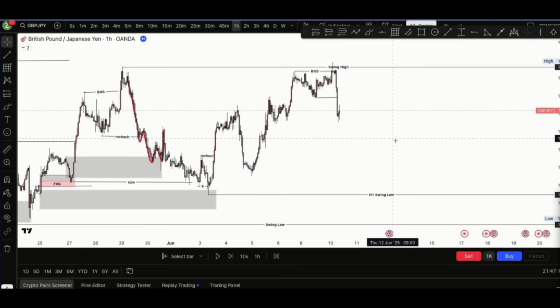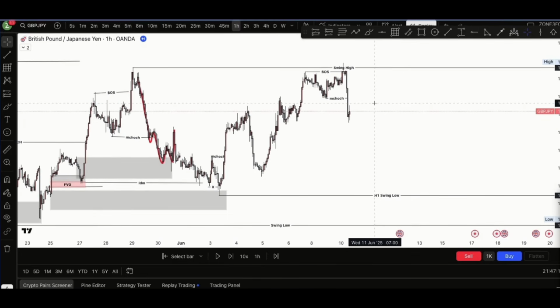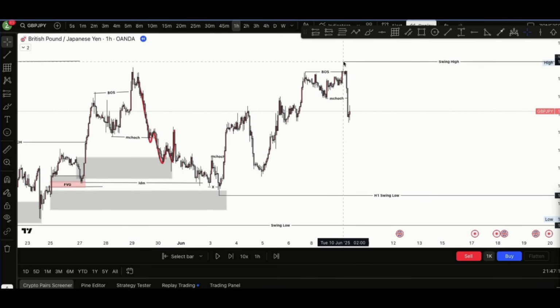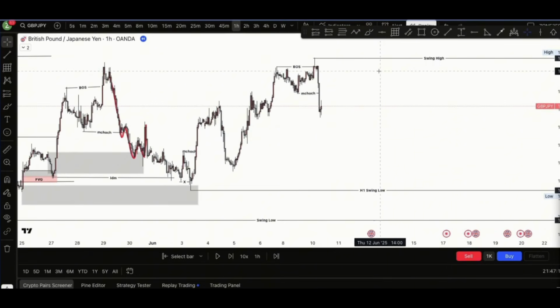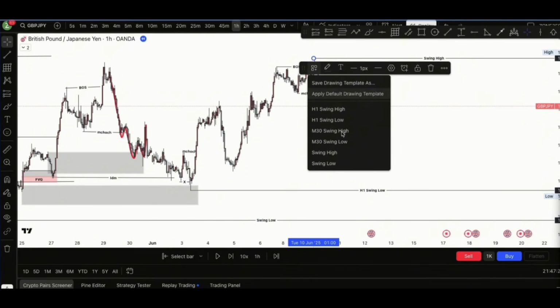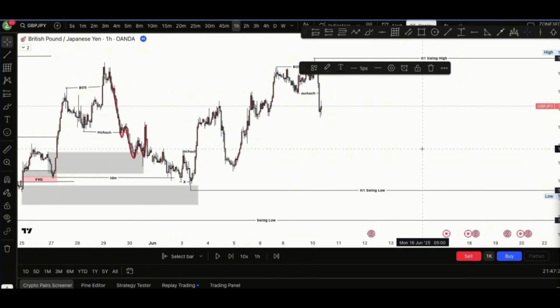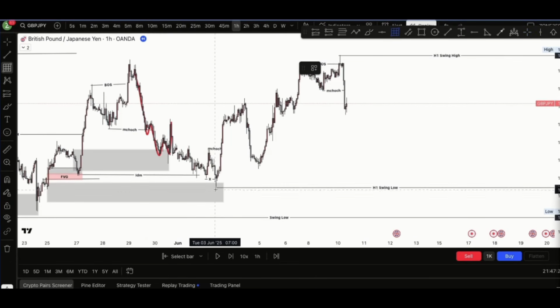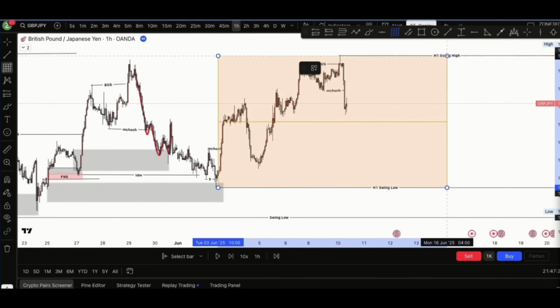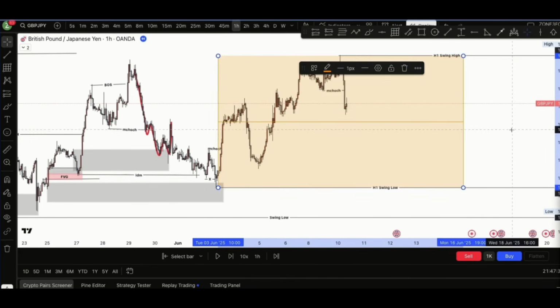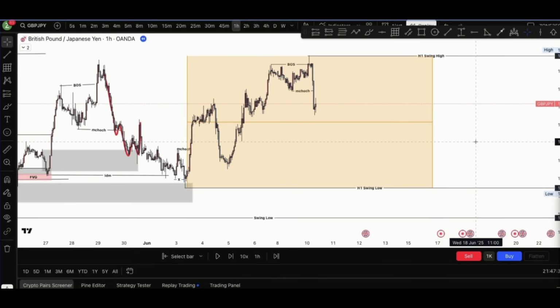So now here has been confirmed as our new swing high for the 1 hour. So now where is our trading range? From here to here. And we know the market is already on a bullish trend.